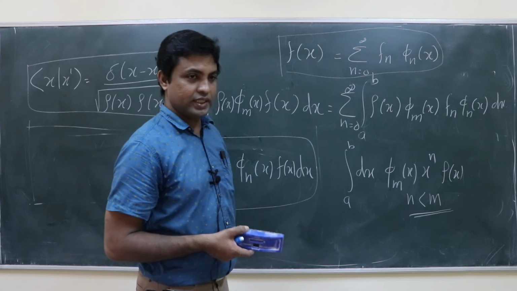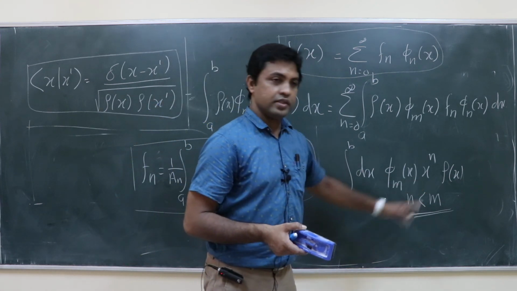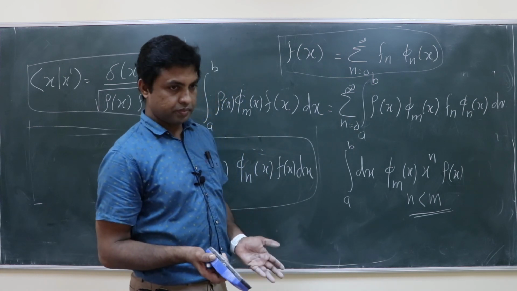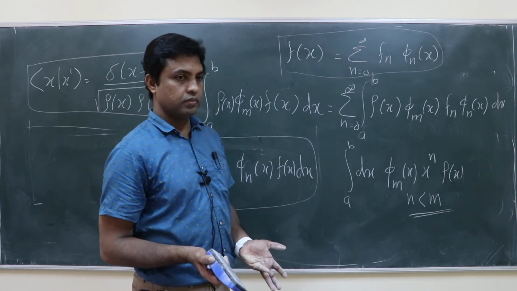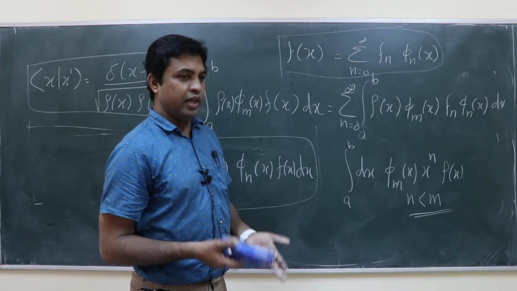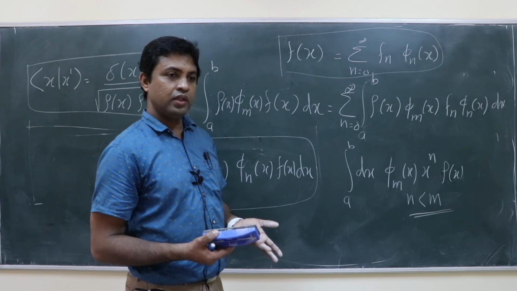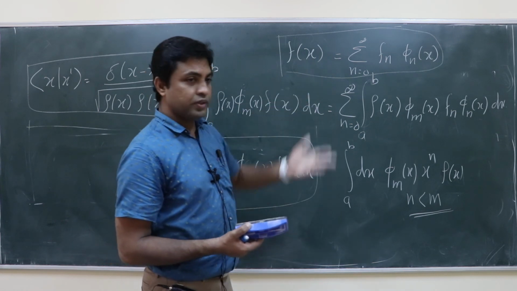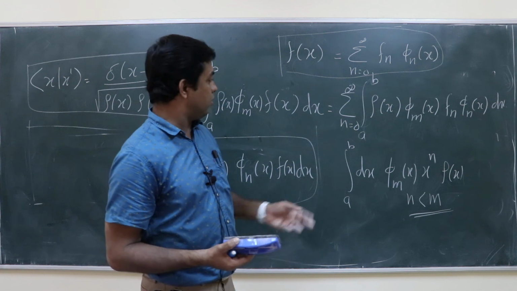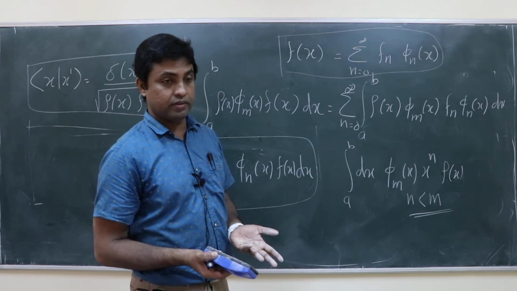Okay, so I'll give you the answer. See, x power n, is it a polynomial or what? Yes. Any polynomial of order n, you can expand in terms of any phi of x of order less than or equal to n.